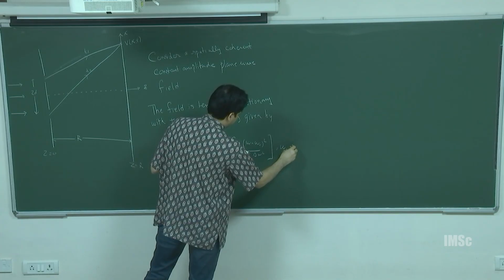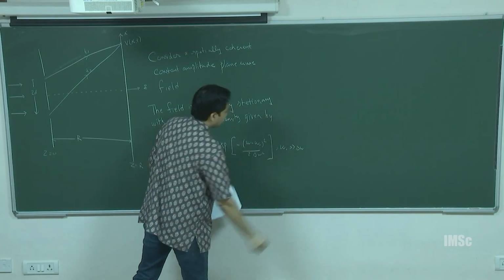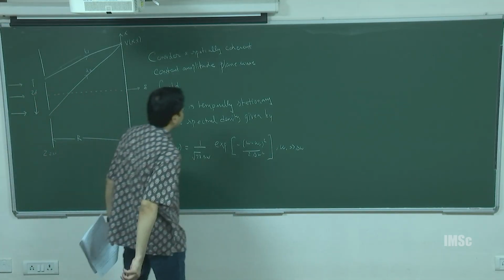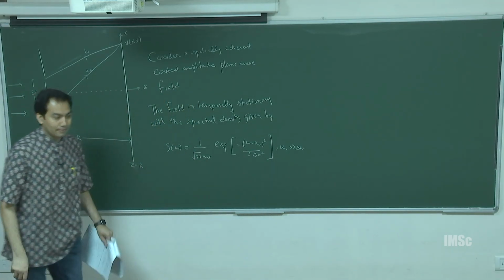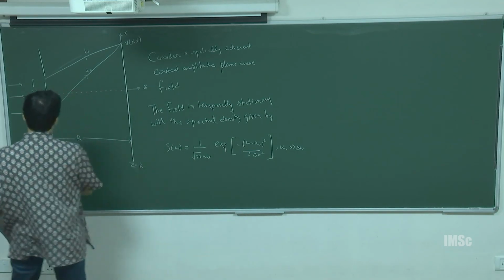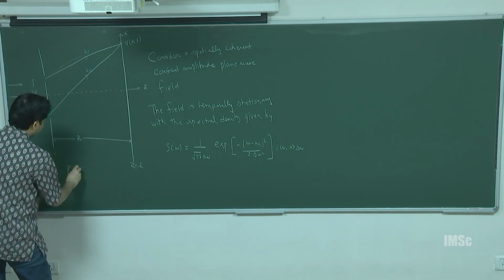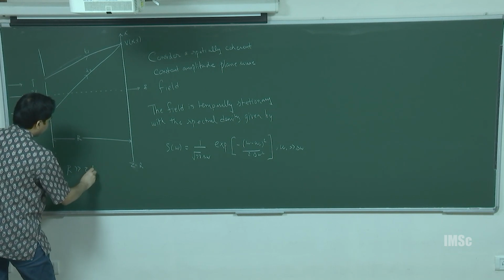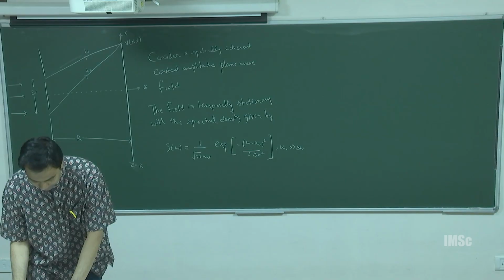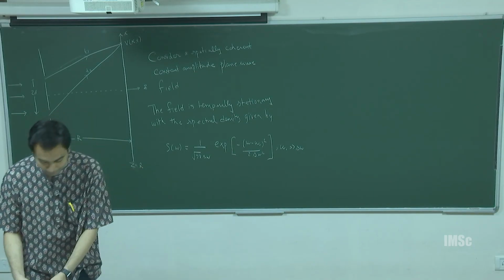With omega naught much larger than delta omega. So this is the quasi monochromatic approximation. And of course, let us also assume that r is very much larger than the separation between the slits. These are the standard assumptions we make. And the size of the two slits is negligible.